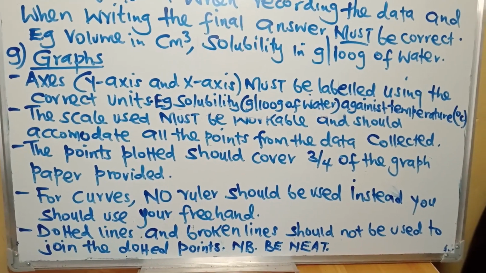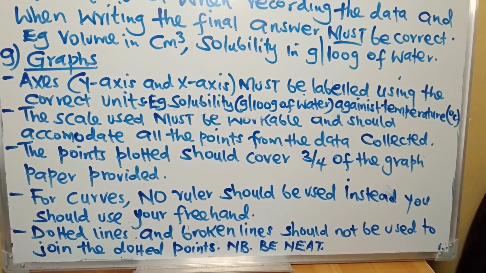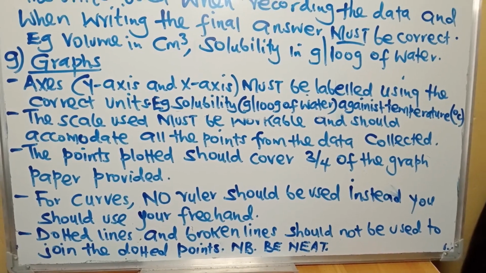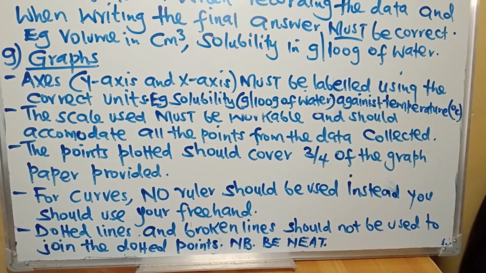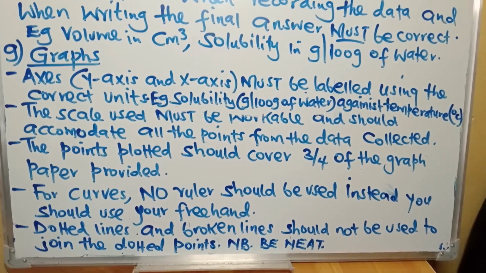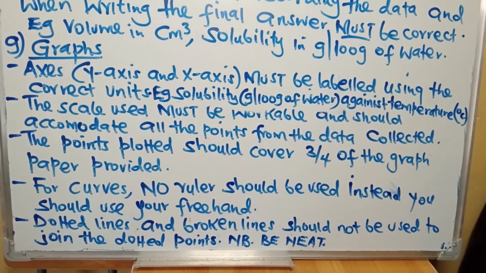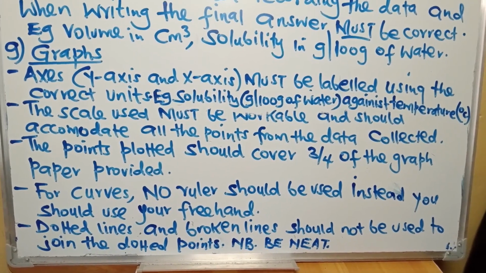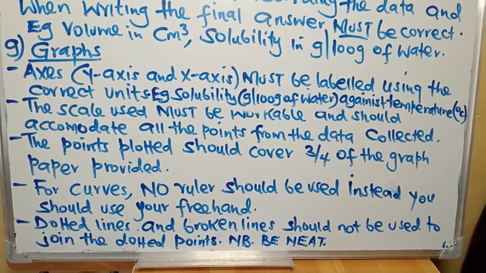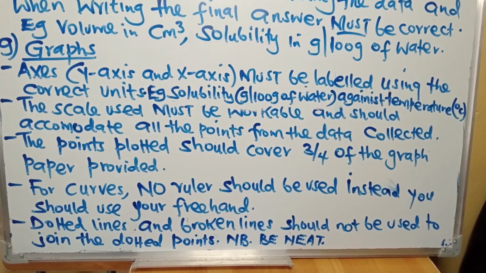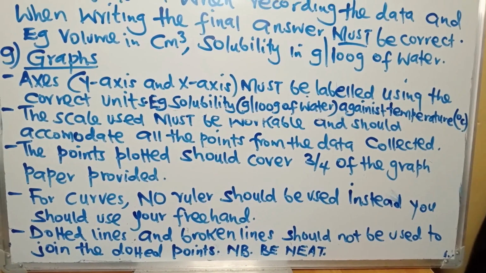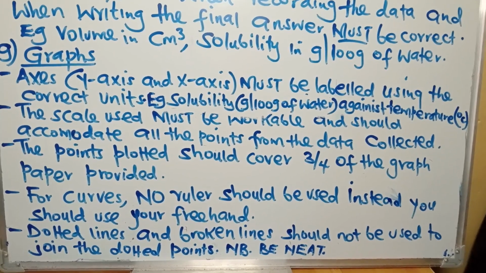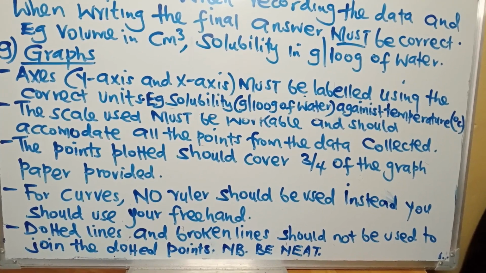The next point, the scale used must be workable and should accommodate all the points from the data collected. So the scale that you use should be guided by the very many points that you have from the table that you have just filled. So let the many points guide you, such that each and every point will be on a line and not on a space.